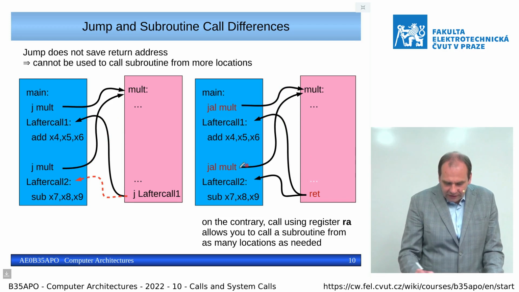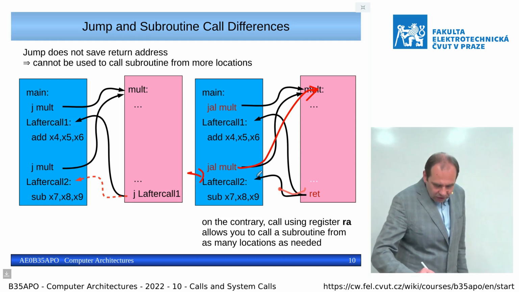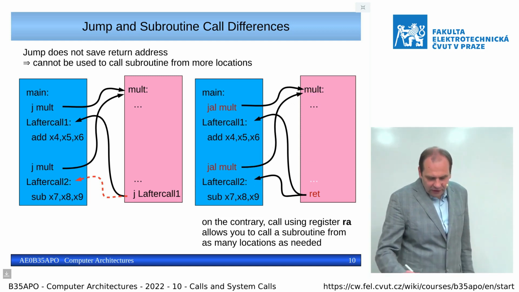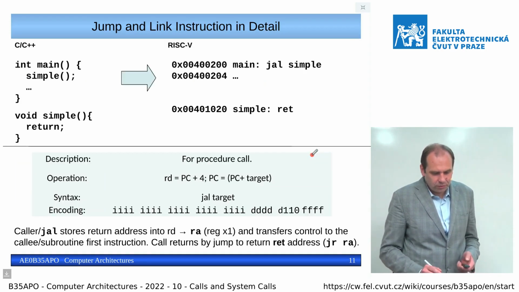The next time, the address after that jump and link instruction is stored to the return address, and we return where it is expected. So it is a mechanism that works as we expect.